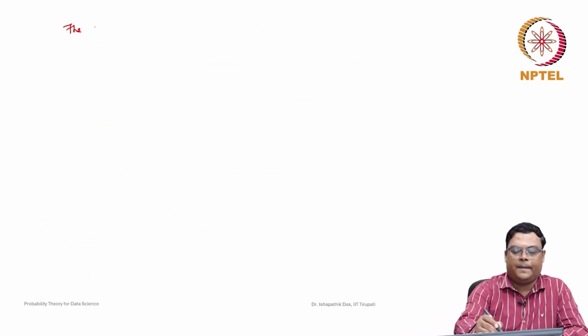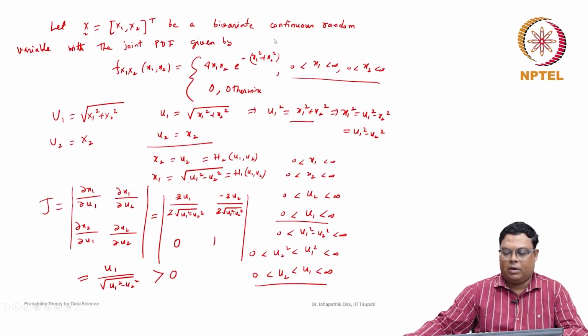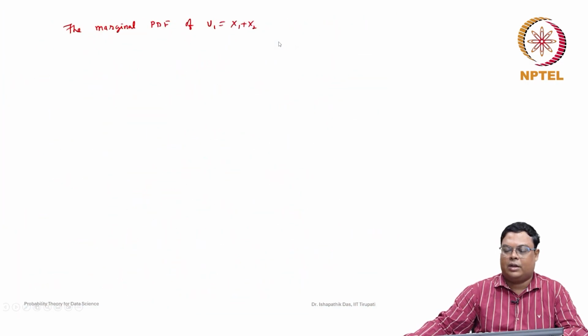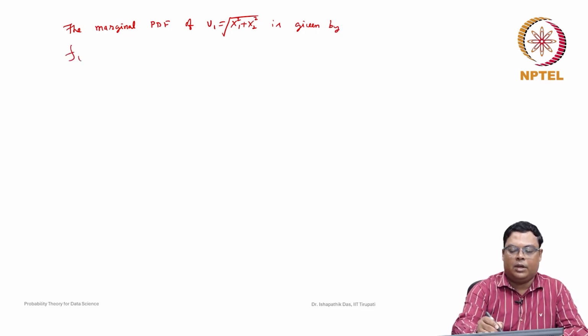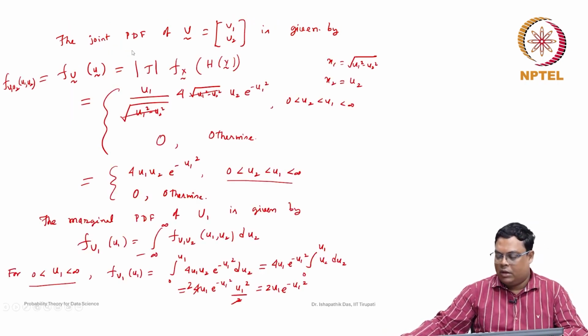For the question, u1 is root over x1 square plus x2 square. The marginal probability density function of u1 is equal to, what we finally got, 2 u1 e to the power of minus u1 square.